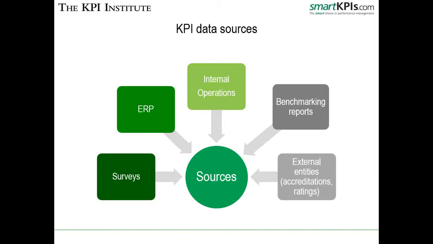Issues emerge when we are talking about gathering data from surveys or benchmarking reports. Usually in this type of solution, data is gathered manually, and errors can occur more frequently than with the automated or more automated systems available.